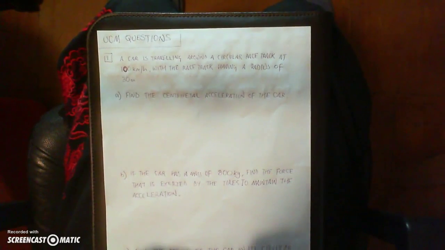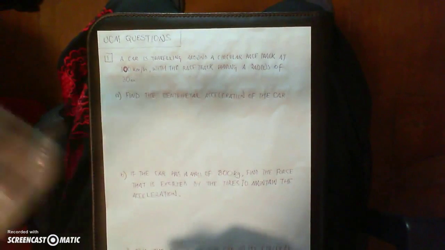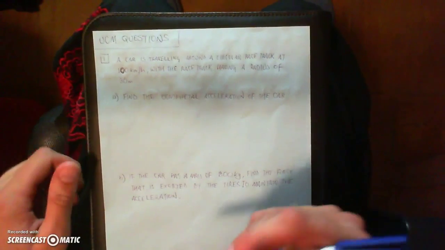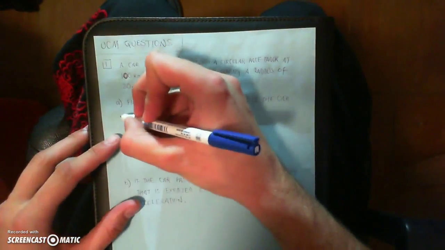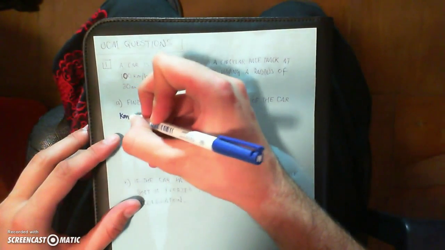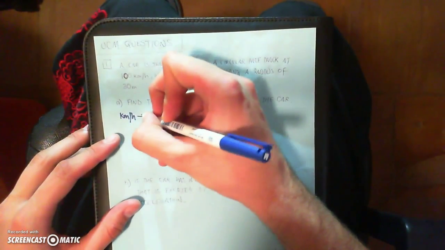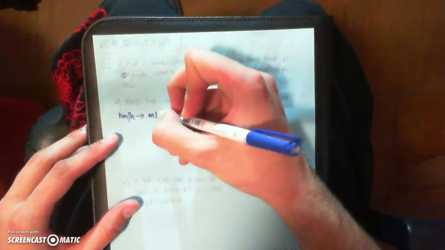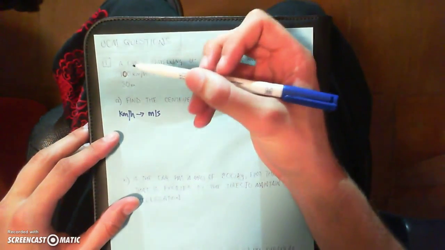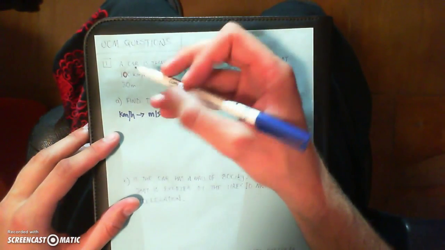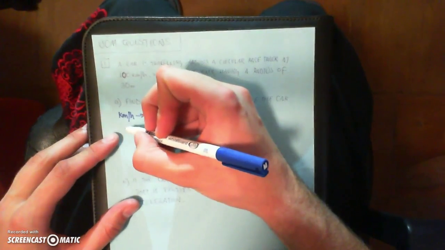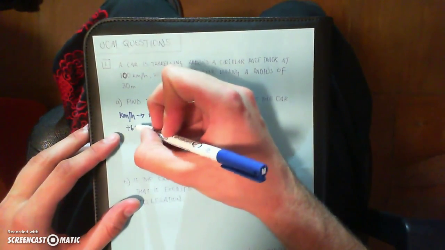So our first step in this example is to convert 100 kilometers an hour into the standard units, which is meters per second. So we can write kilometers per hour to meters per second. Now, to get kilometers per hour to kilometers per minute, we divide by 60.